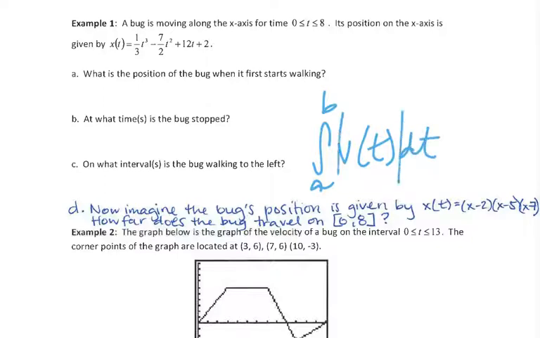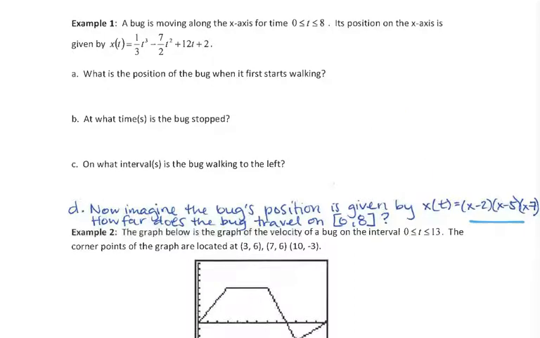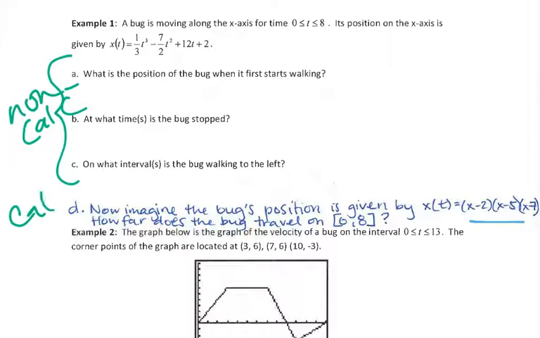That would give us the distance traveled. But we aren't given velocity, we're given position. For the previous 3 parts to this problem, we could assume that these were non-calculator. This question that I've written down below in D actually is a calculator problem.